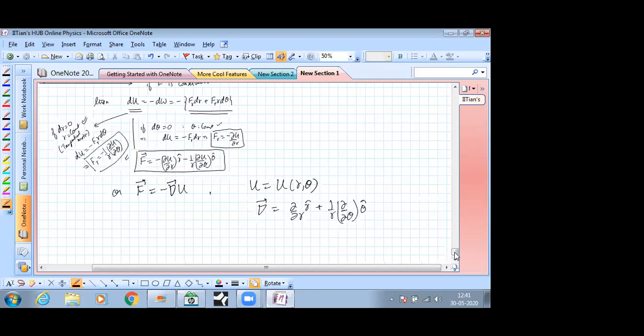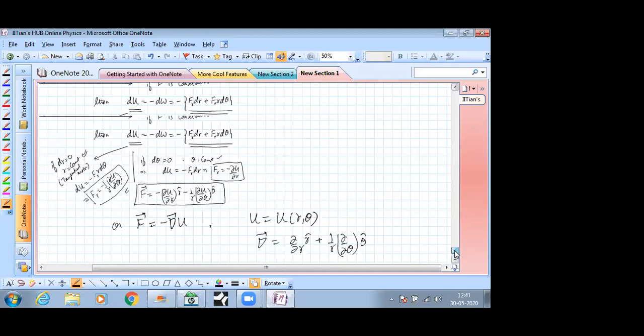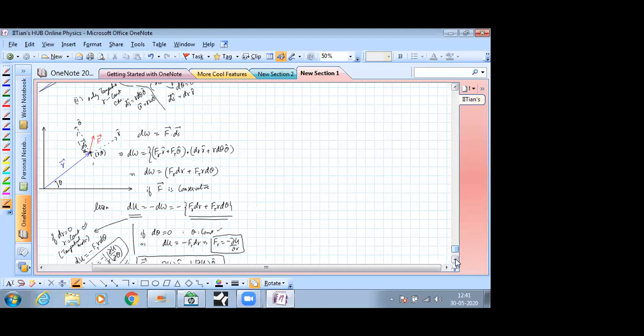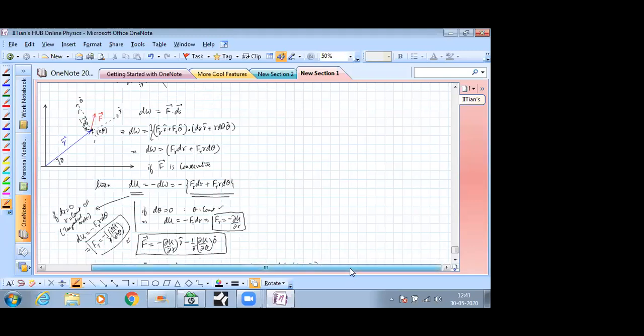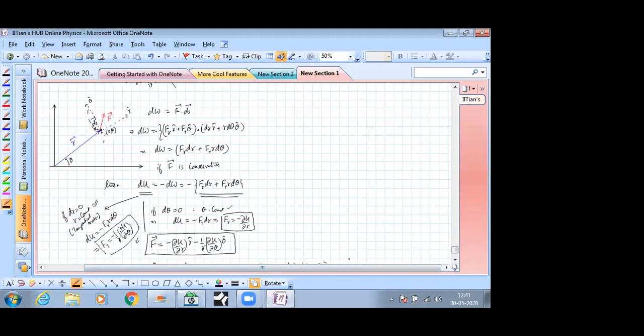So when it applies, it is this. We'll see a couple of practical examples of this also, and you'll understand. But this is how we relate potential energy, force and the gradient operator. More importantly, this is how we relate this in polar system.